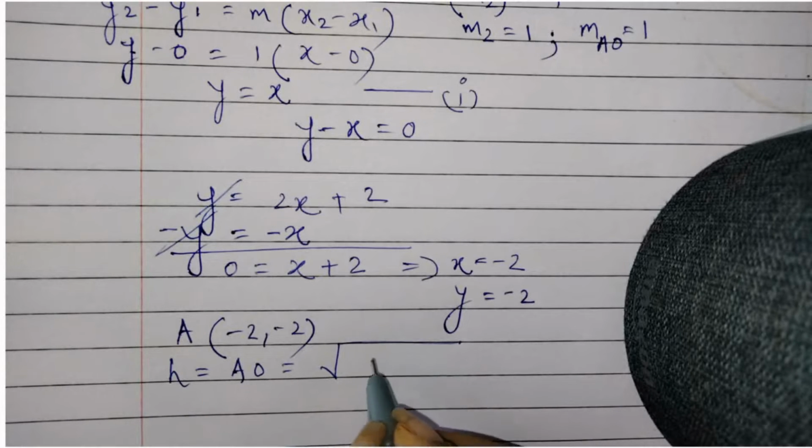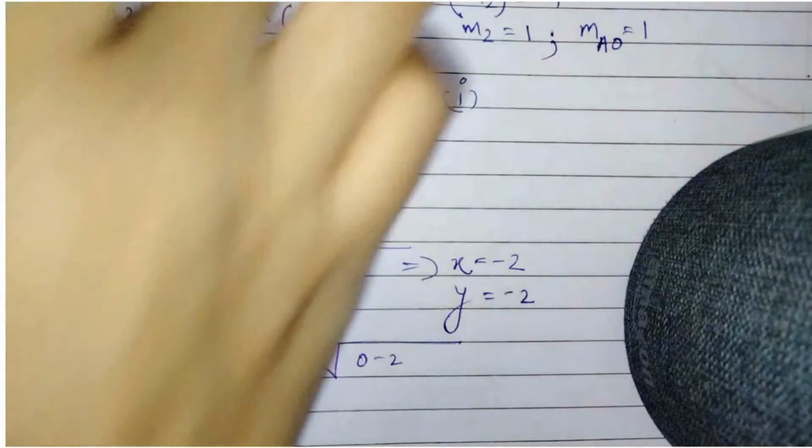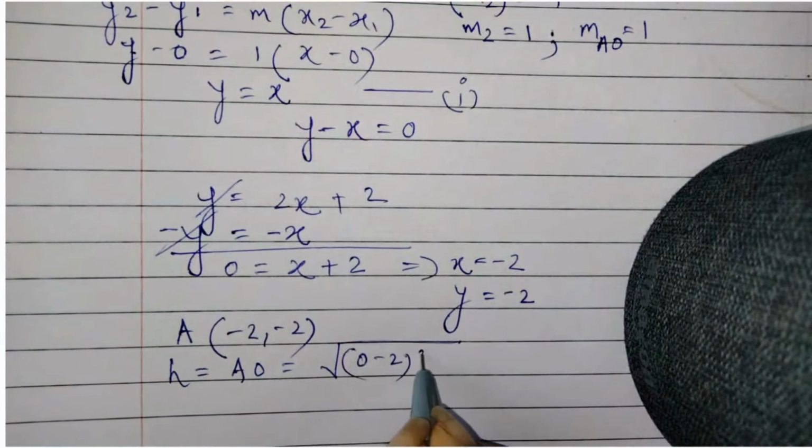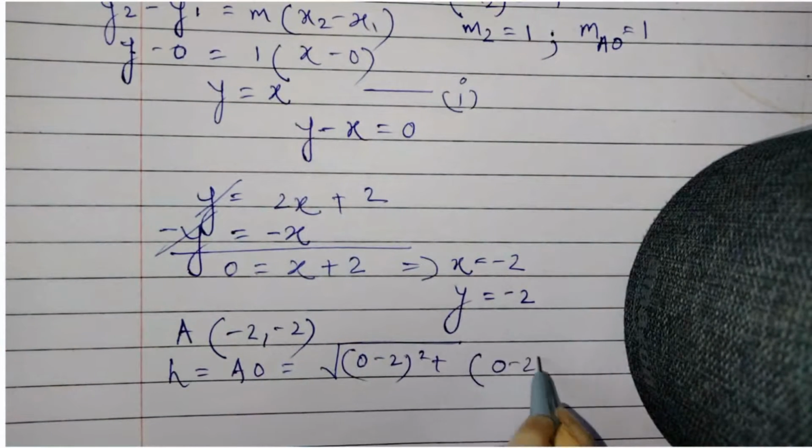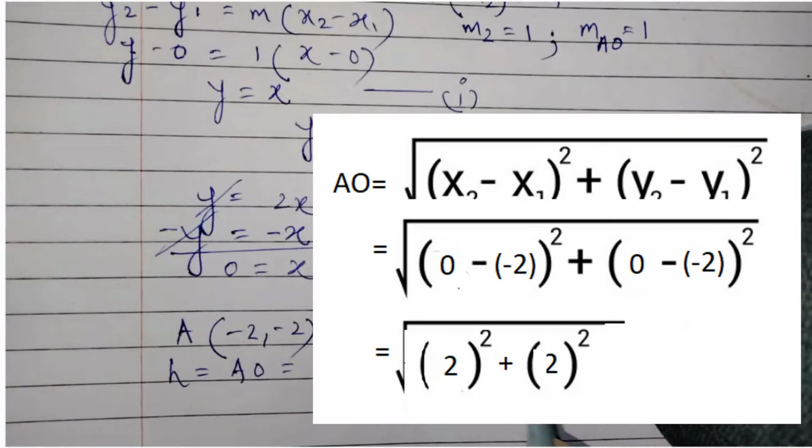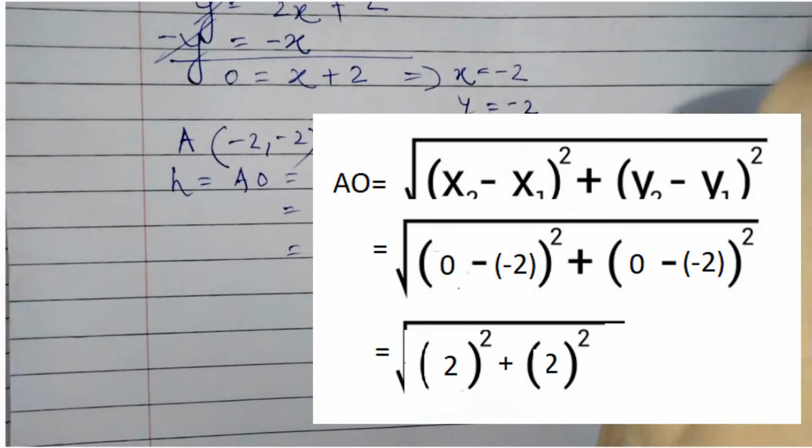From the origin we find the distance, so 0 minus minus 2 whole square plus 0 minus minus 2 whole square. So that will be minus 2 square plus minus 2 square, whole under root, is equal to 4 plus 4, equal to root 8. This is the length of the altitude, root 8.